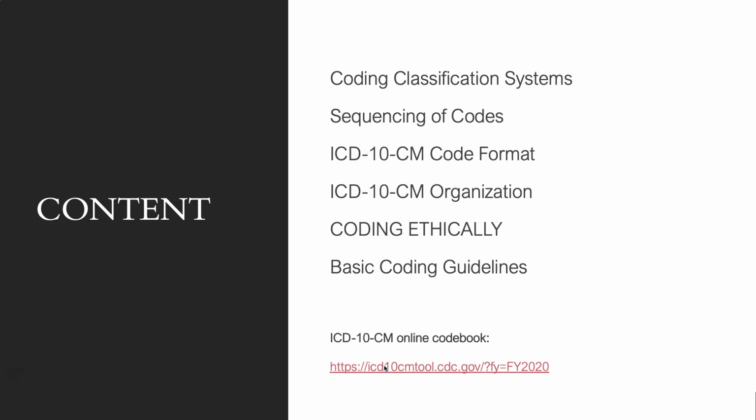And that's for fiscal year 2020, which you'll see as we go into that screen. So this is just to cover content so you know what we're going to be talking about in this series of videos.